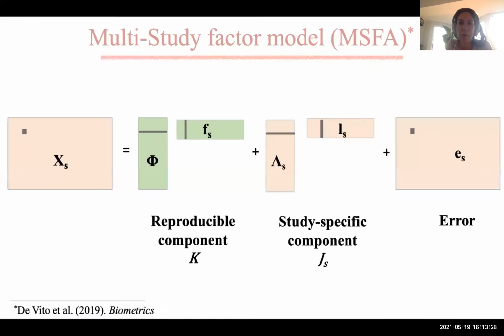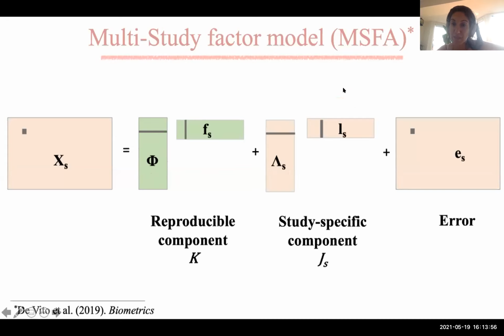The multi-study factor model is a generalization of factor analysis. And what we have here is that each observed variable can be decomposed in 3 different components. One that I called the reproducible component, where you have the phi, that is the common factor loadings, and as you can see, does not have any S, so does not vary from study to study.